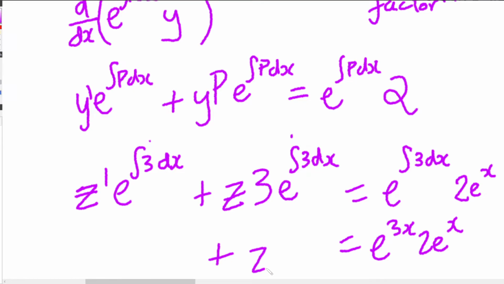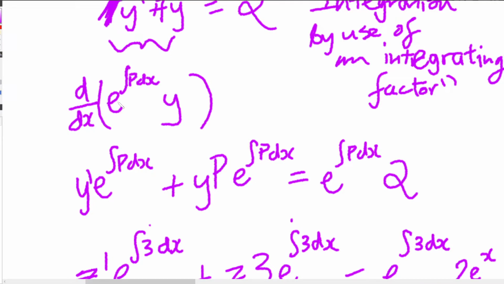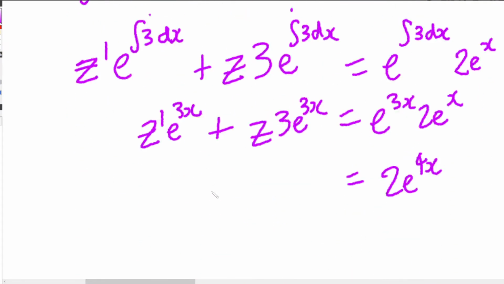This is z times 3e to the 3x, and this is z prime e to the 3x. If we integrate both sides of this, we have 2e to the 4x on one side, and in the same way that I suggested before, we have e to the 3x times z on this side.